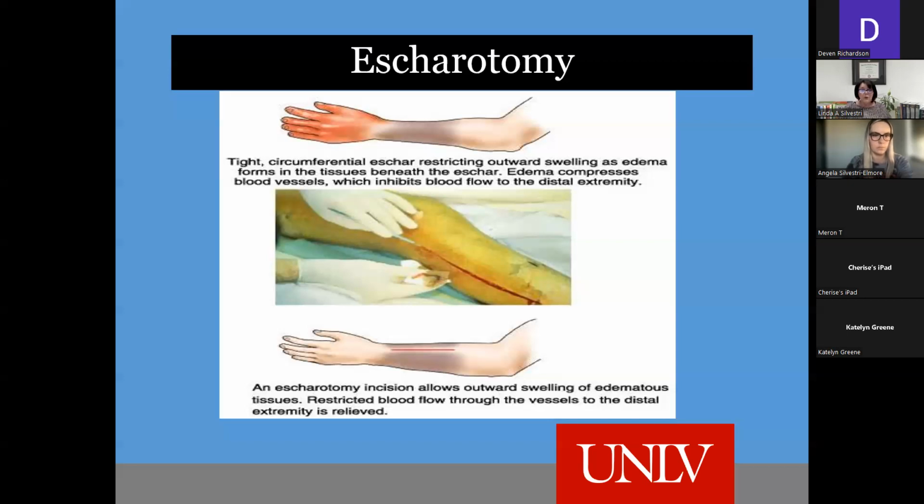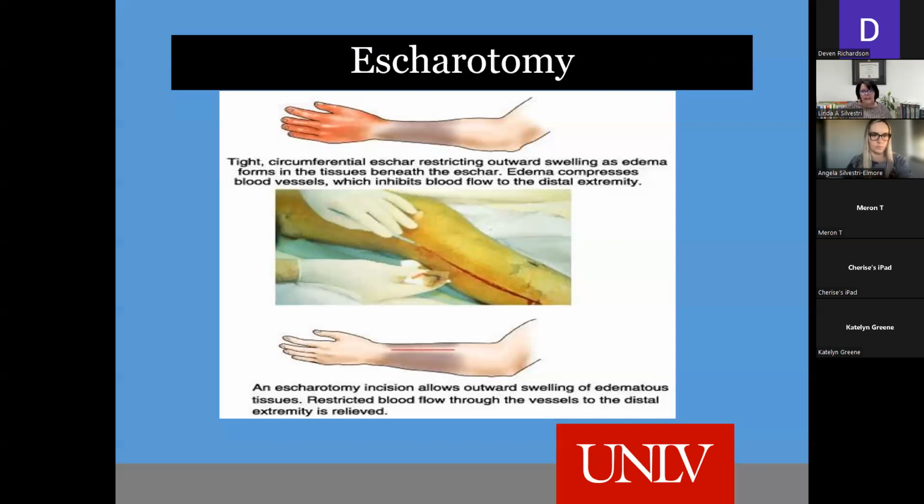When they do an escharotomy, it's an incision that allows outward swelling of the edematous tissues. So although that was a really good distractor about reducing edema, that is not our expected benefit. Our expected benefit is that there would be adequate blood flow to the vessels distal to that injury.